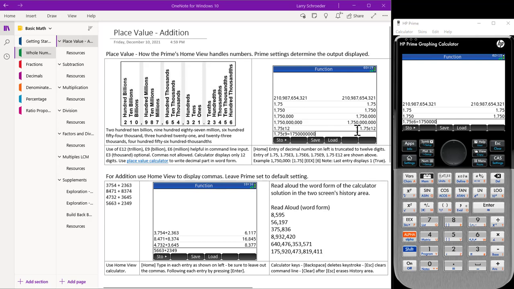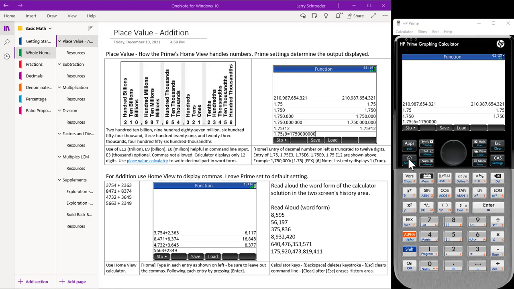Since our calculator will only do 12 digits, it leaves it written in this e to the exponent notation. The other ones turn out to be 1.75, 1,750, 1,750,000, 1,750,000,000.